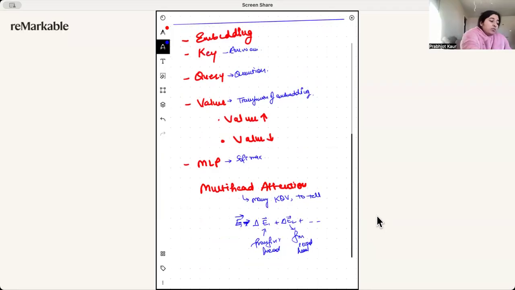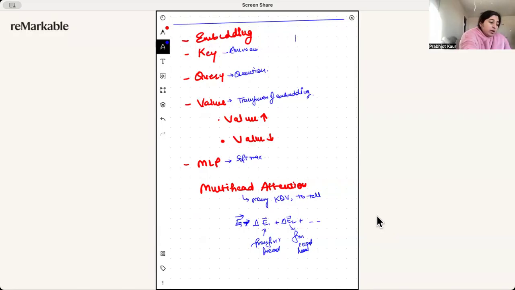So once we have embedded our data point, we will have a query function, which will have a lower rank dimension than the embedding. It is some sort of a question, like, is the next word an adjective or not? And the key is like answering that question, if I am an adjective over there or not.